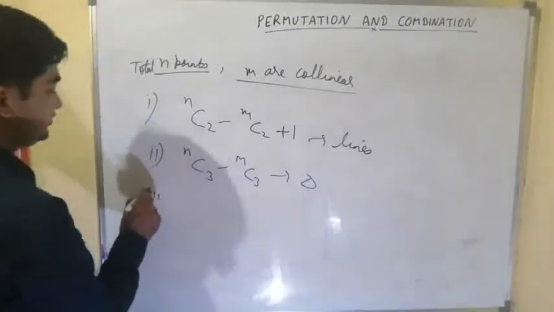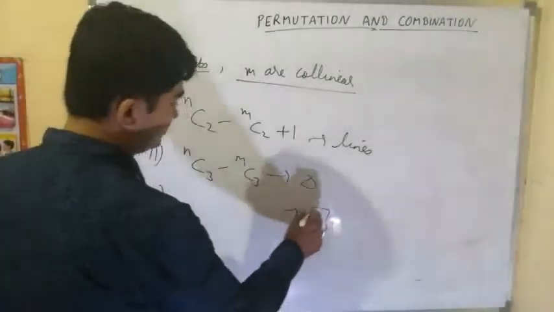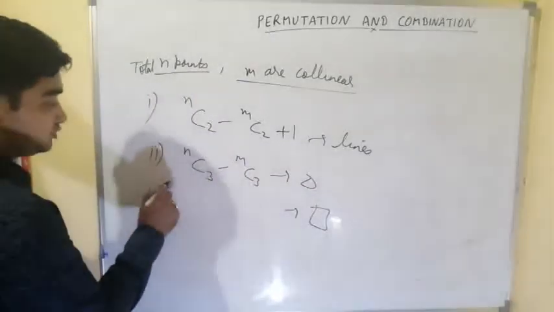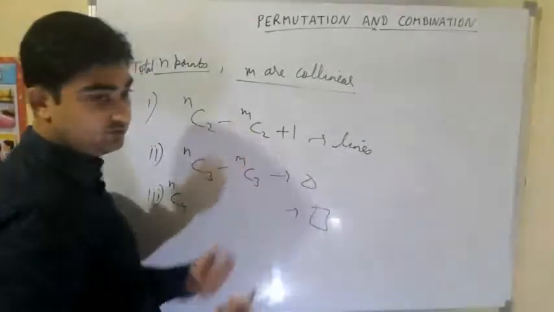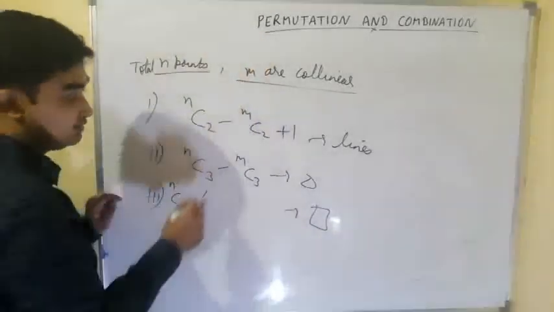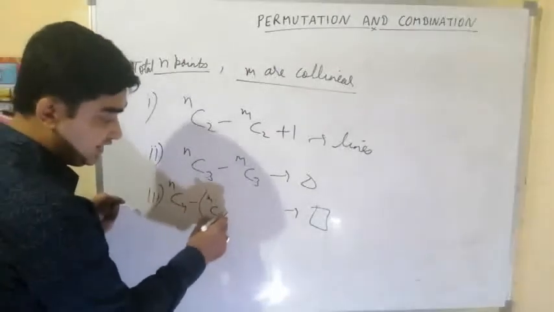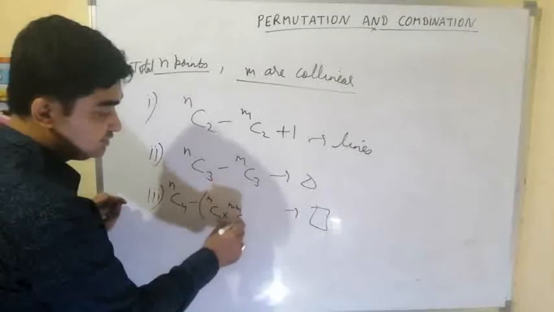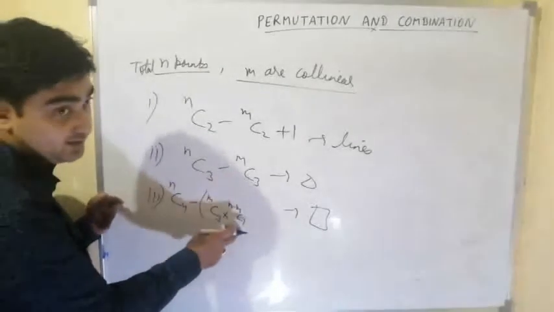Then third case, the number of quadrilaterals. How can we make them? Total nC4, take 4 points. Out of n points, select 4 points and you will get a quadrilateral. But if 3 are collinear, then we cannot get one: mC3 and n minus m C1. 3 from m, and from the n minus m remaining we are selecting 1.